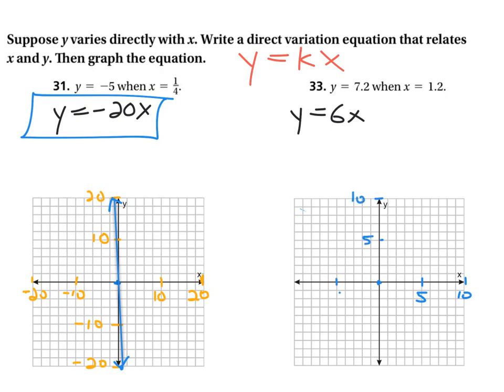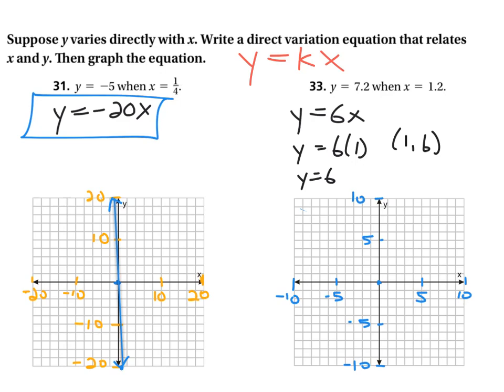And the reason that I want to do that with just a scale of 1 is because I can just plug in 1 for x, and let me write it up here. If I plug in 1 for x, y equals 6 parentheses 1, I get out y is 6 when x is 1, or 1 comma 6.